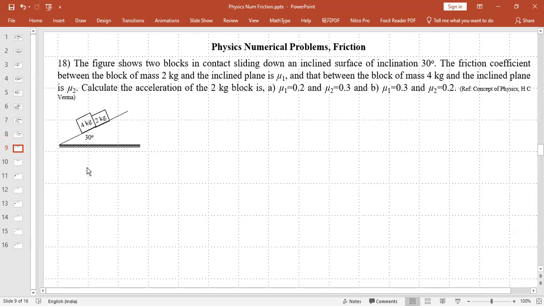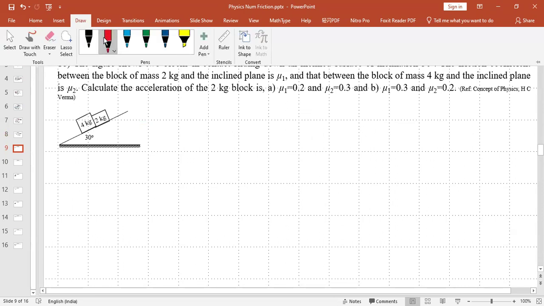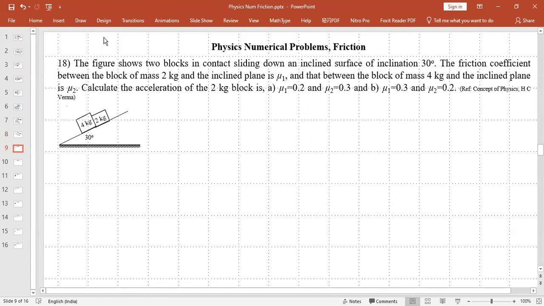In this problem, similarly, these are also easy problems, but you have to first catch the problem. Two blocks in contact sliding. That means there are two blocks in contact, sliding down an inclined surface of 30 degrees.